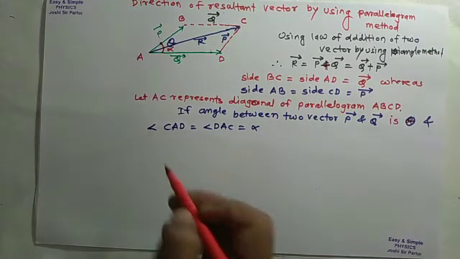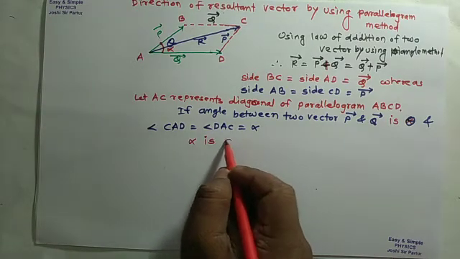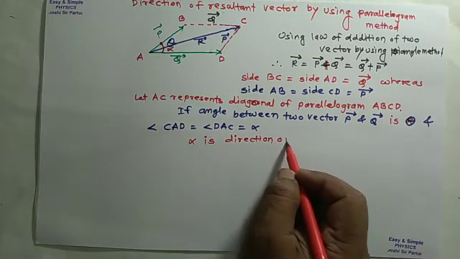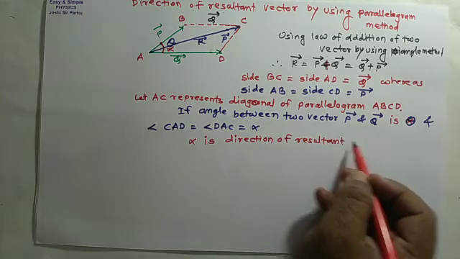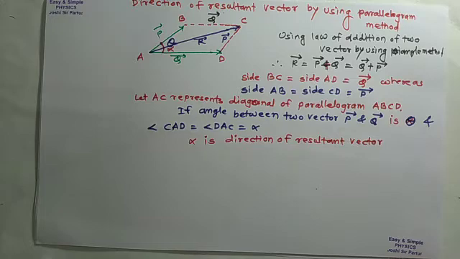So alpha is represented as the direction of the resultant vector.